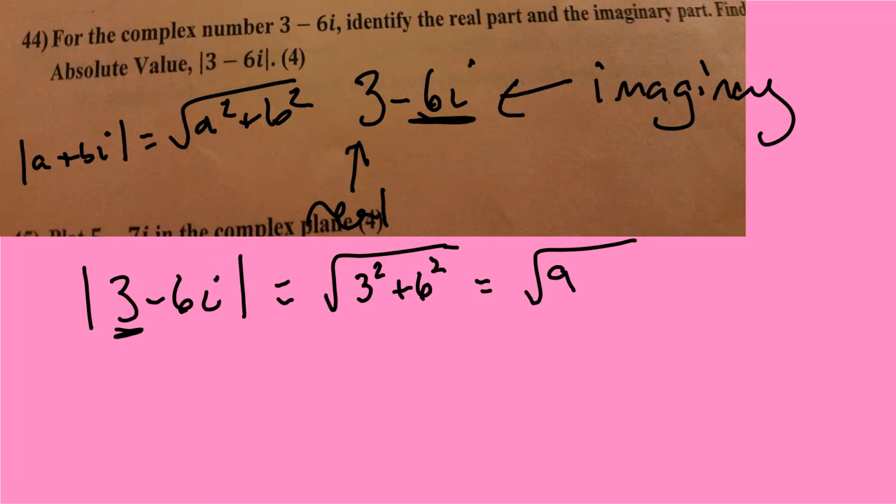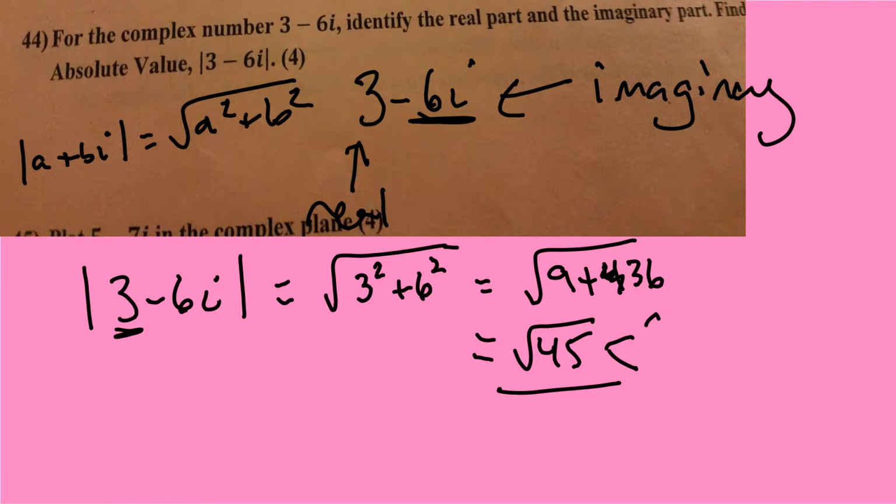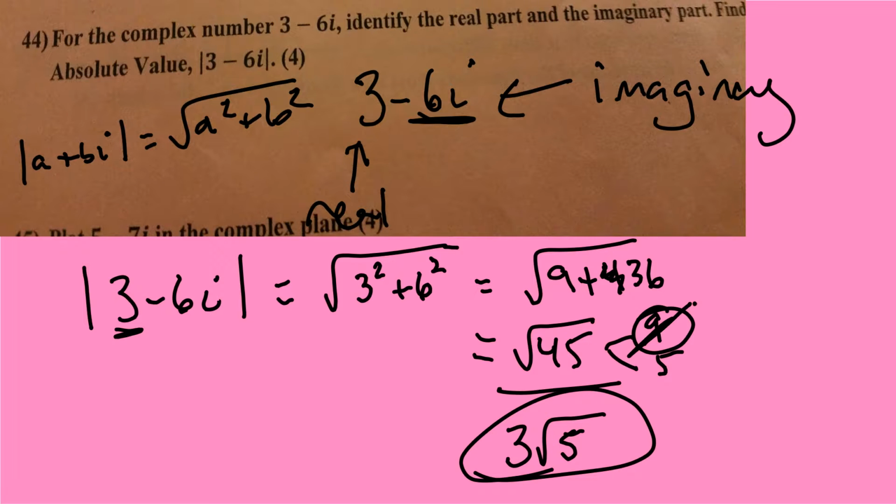So I get the square root of 9 plus 36, which gives me the square root of 45. Now remember, 45 is not perfect, but 9 times 5 is 45, and 9 is perfect. So 9 is perfect, he gets to leave as 3. 5 has to stay in jail forever. Final answer is 3 radical 5. And that's it for 44.